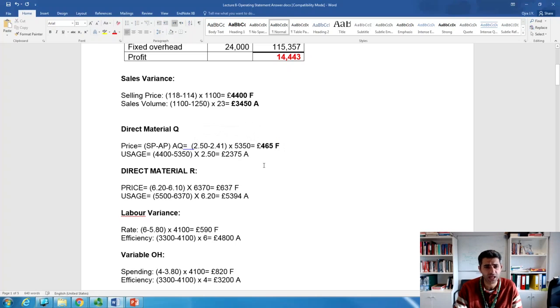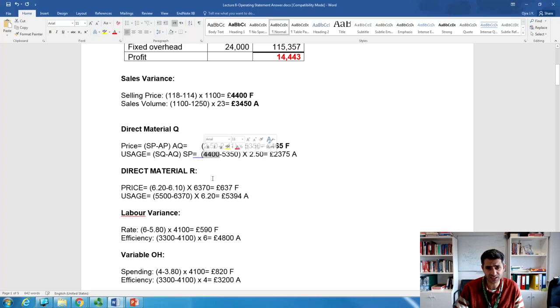we have favorable. In terms of material usage variance, the formula is standard quantity minus actual quantity multiplied by standard price. Okay, let's have a look. Standard quantity.